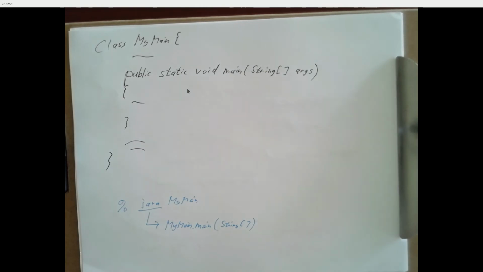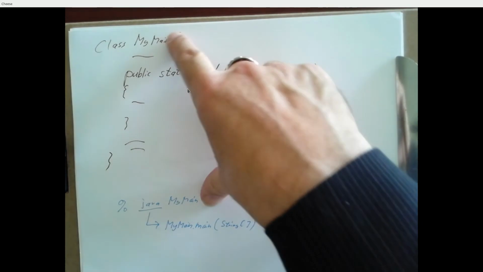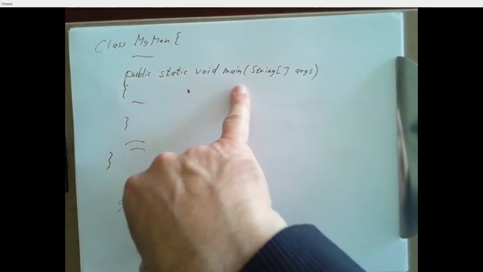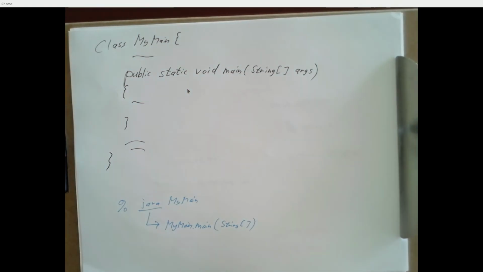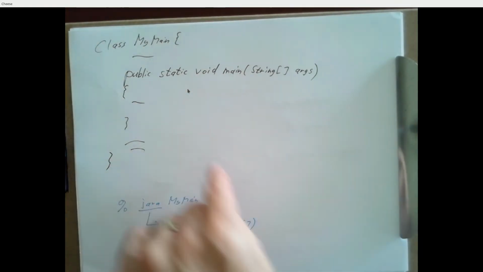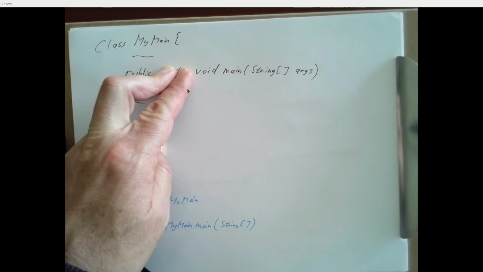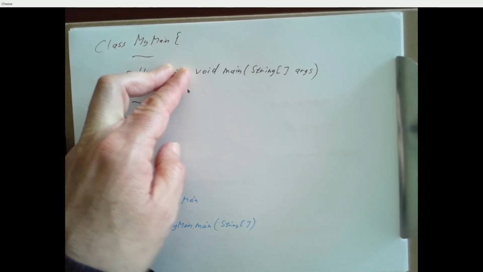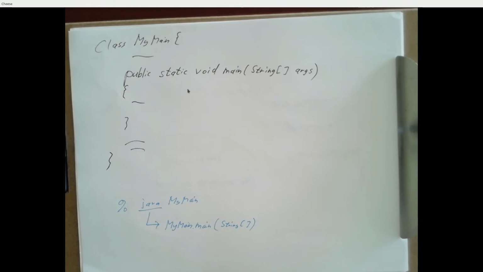So main is by convention the name, and it doesn't create an instance of your MyMain class. Okay, it just uses that class to access the static method. So it's got to be static. If it wasn't static, you'd have to actually create a MyMain, MyMain x equals new MyMain, and then you could say x.main. Okay, so it accesses it statically.